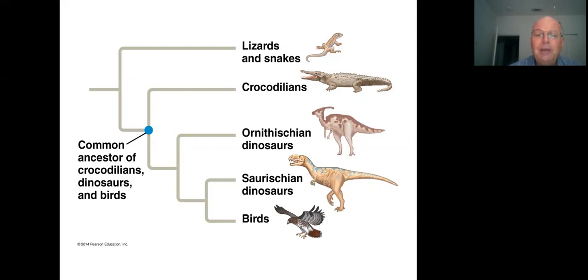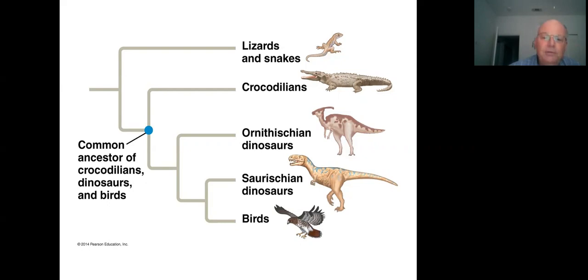Crocodilians, as another group of extant reptiles, are distantly related to the dinosaurs. So what we have here is a phylogenetic tree that has extant species that bracket the extinct species, or the extinct group, the dinosaurs.